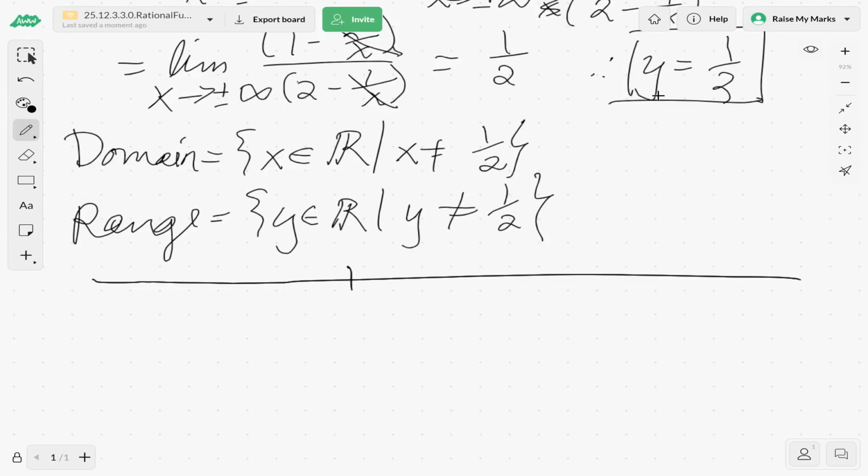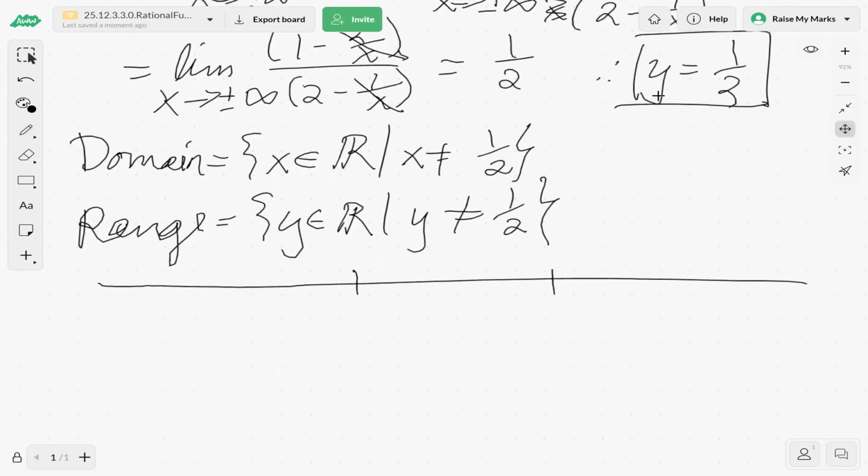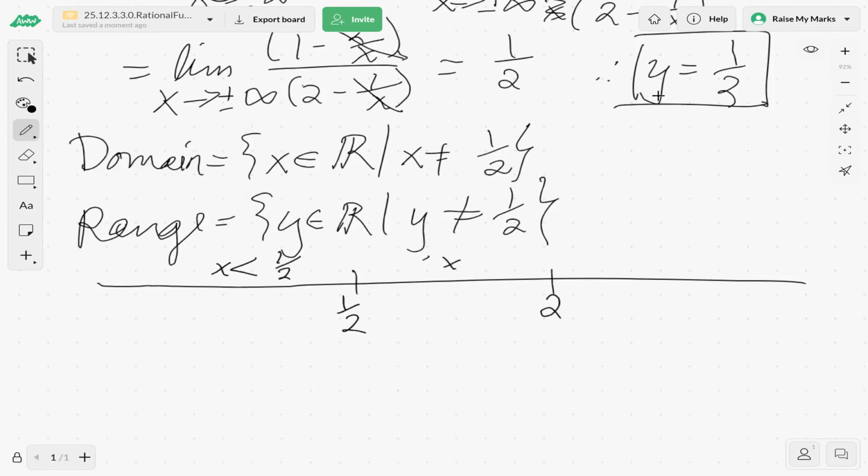And what else do we have? 2, I believe. Yeah, so when x is 1/2, that's when we have our vertical asymptote, and 2 is our x-intercept. So our intervals are when x is less than 1/2, when x is between 1/2 and 2, and when x is greater than 2. So we have 3 intervals here.